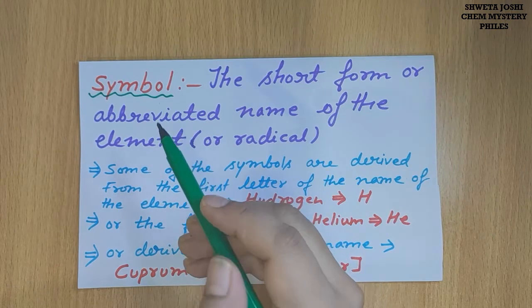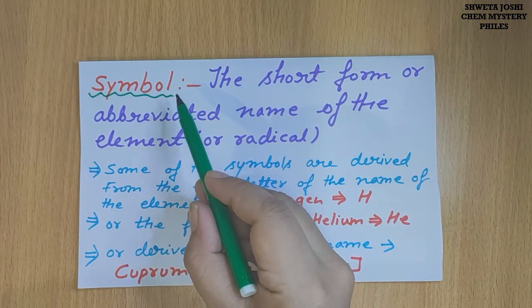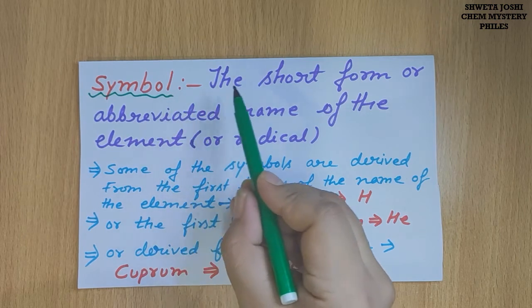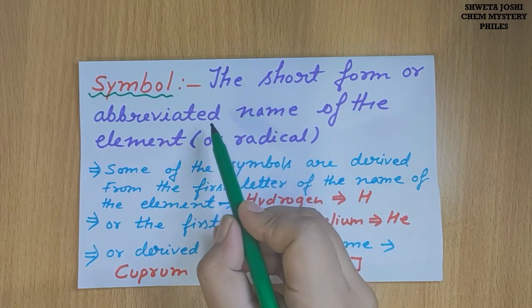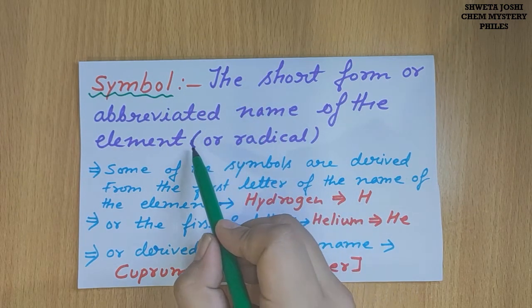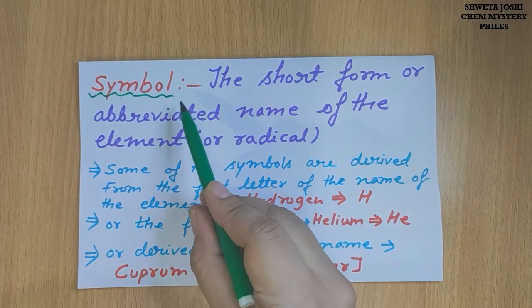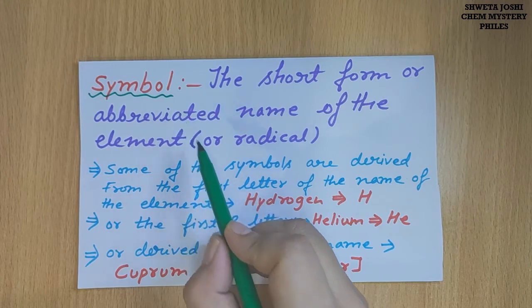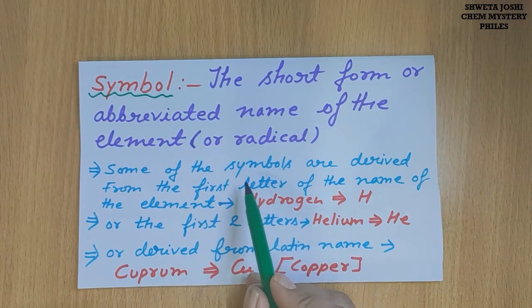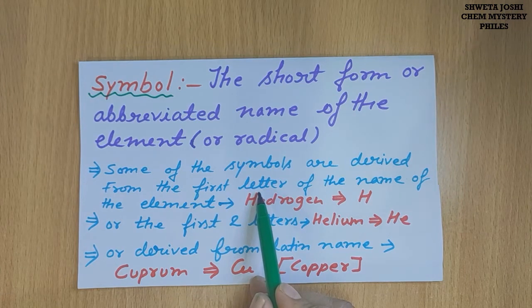Now first of all, covering the symbol portion. What is a symbol? The short form or abbreviated name of the element or radical is known as a symbol. Some of the symbols of the elements are derived from the first letter of the name of the element.